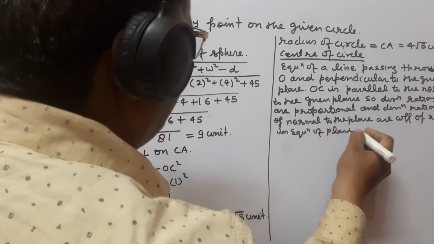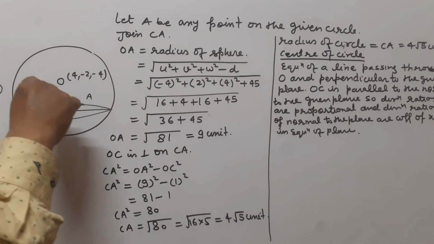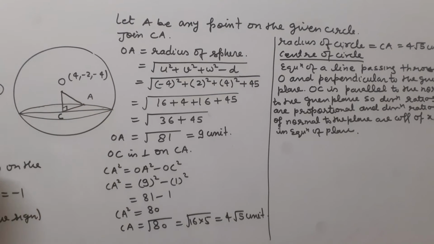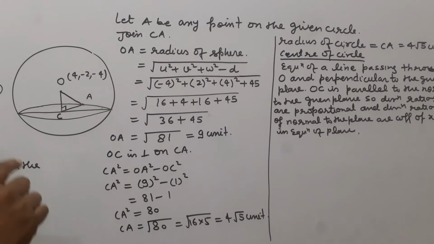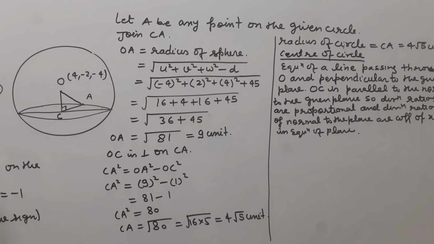We can see here this OC is perpendicular to the given plane. That means OC is parallel to the normal to the given plane, and we know that in the equation of the plane, the coefficients of x, y, z always represent the direction ratios of the normal to the plane.